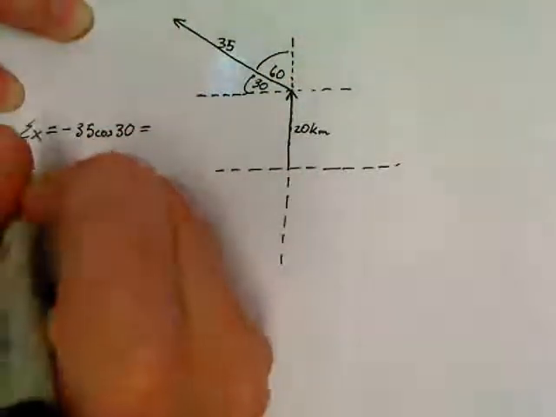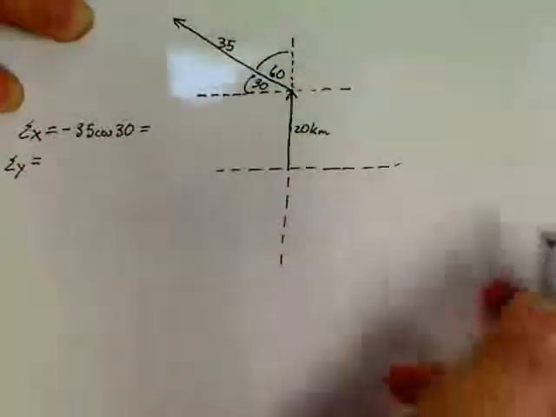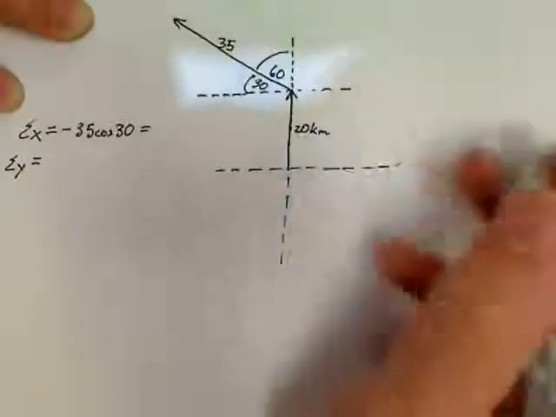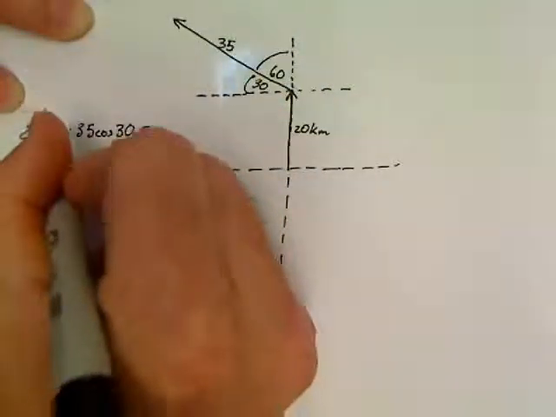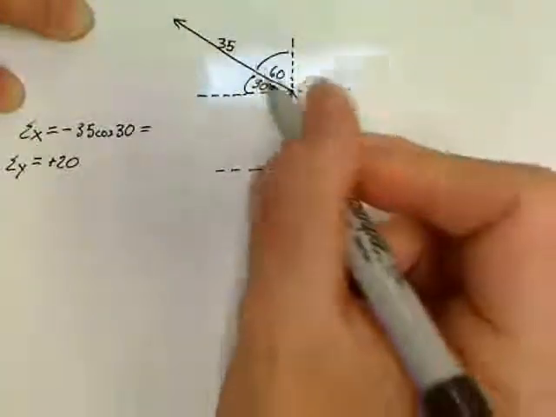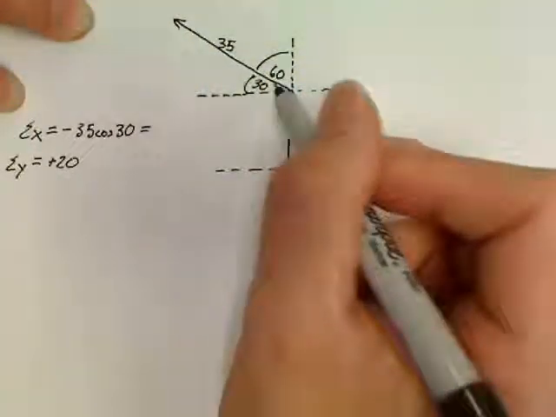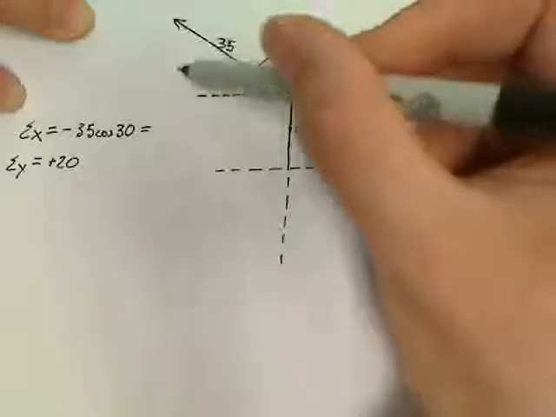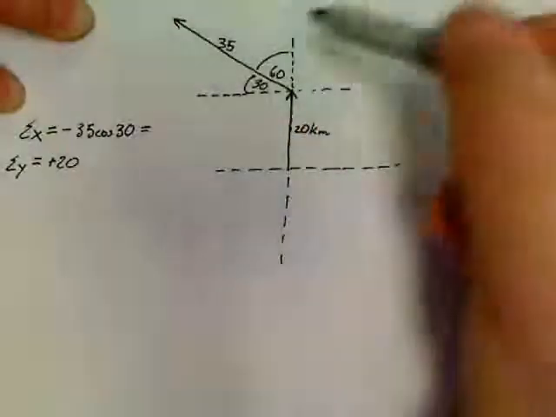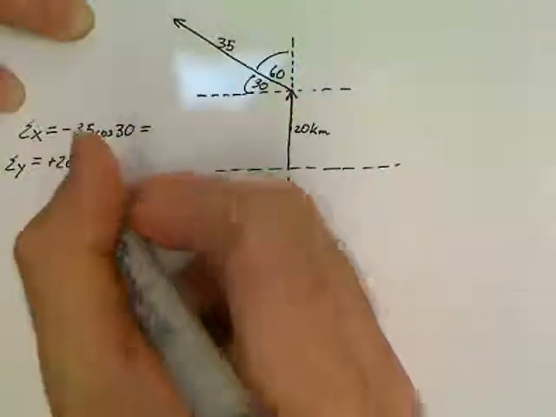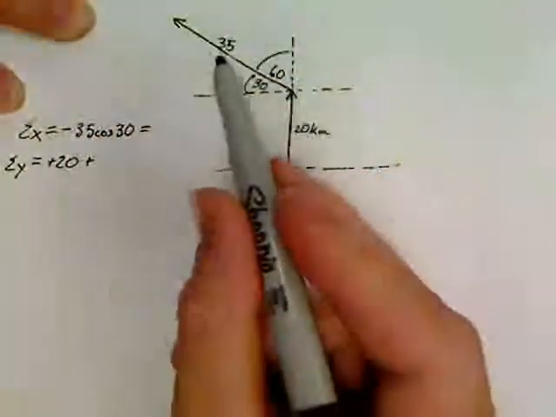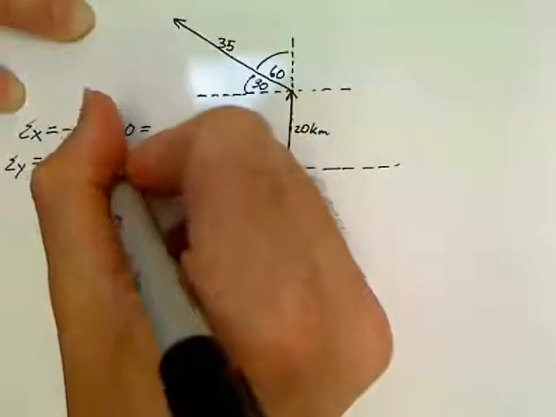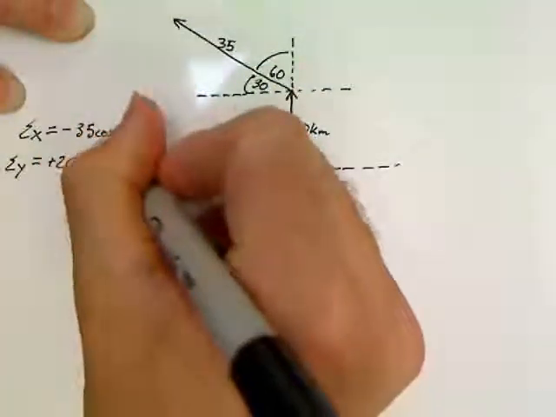We'll do a sum of the y's next. This one has a positive 20 y component, so we're going to write plus 20. This vector also has a positive y component. Its y value is also directed up. So we're going to write plus 35 sine 30.